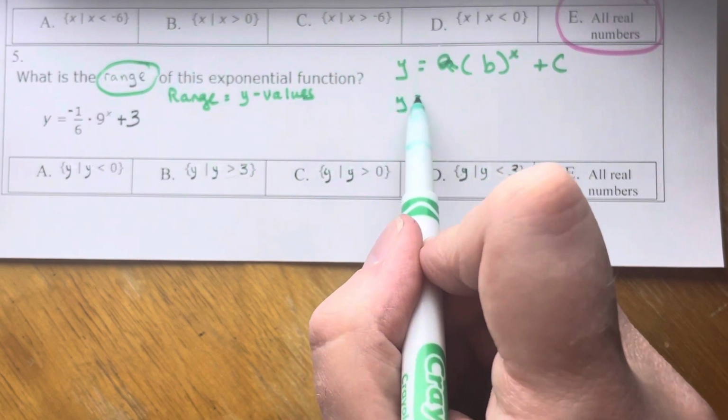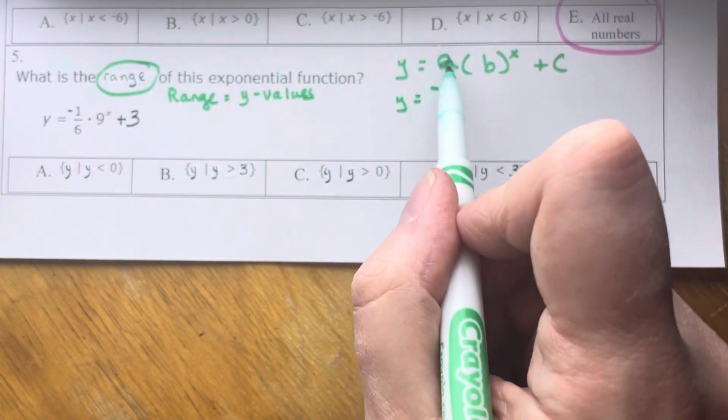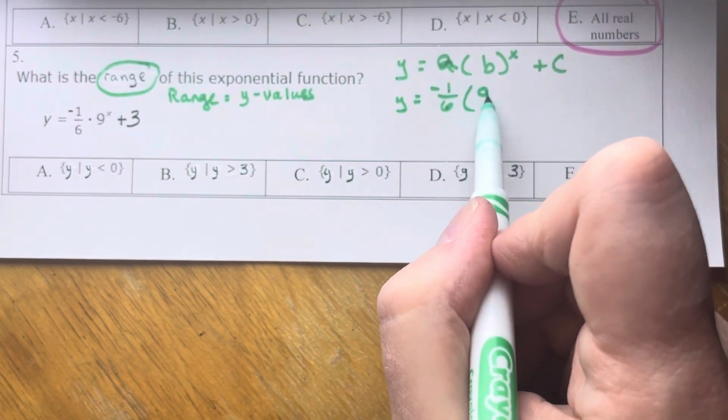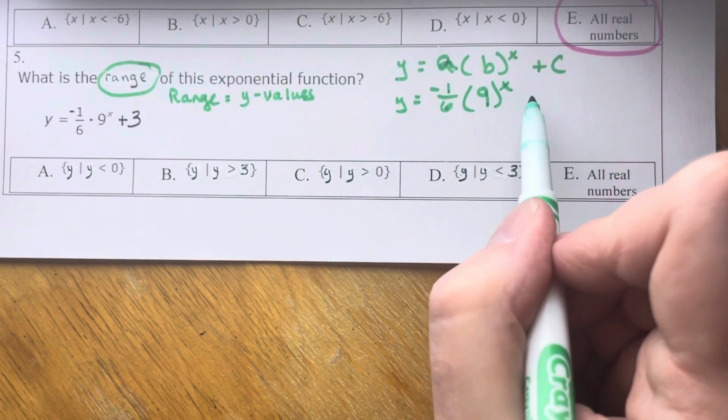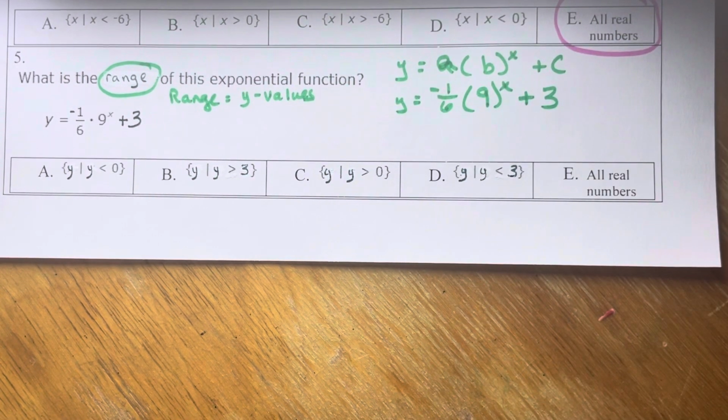And with our specific example, we have a negative 1/6 in the a location. We have a 9 in the b location, and we have a plus 3 in the c location. So let's see what this does.